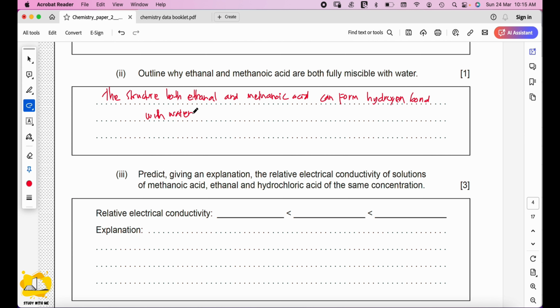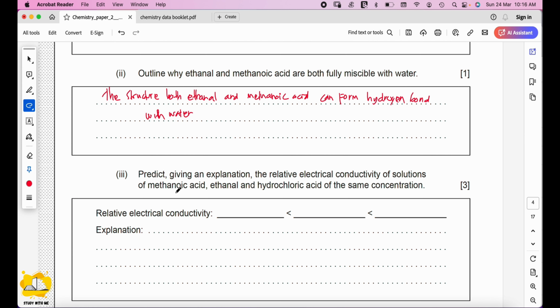Predict, giving an explanation, the relative electrical conductivity of solutions of methanoic acid, ethanol, and hydrochloric acid of the same concentrations. Okay, when we talk about the ability to conduct electricity, we are talking about the amount of ions. So even though they have the same concentrations, we need to compare which one has more dissociation, or whether the ions can be dissociated fully, partially, or undissociated.